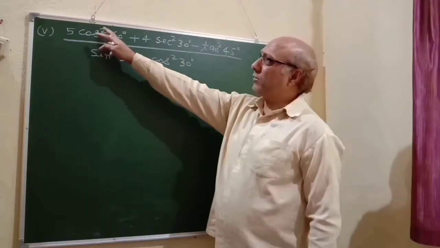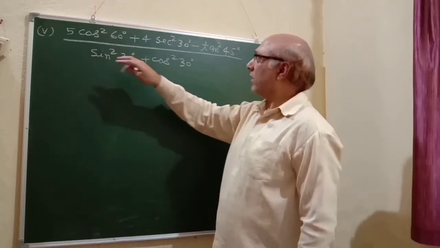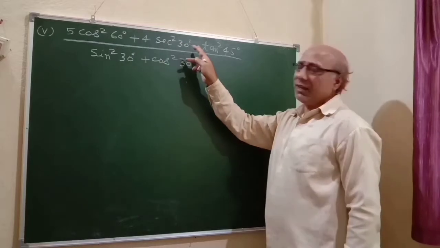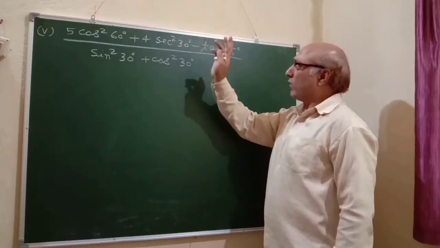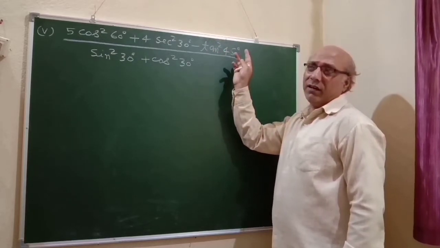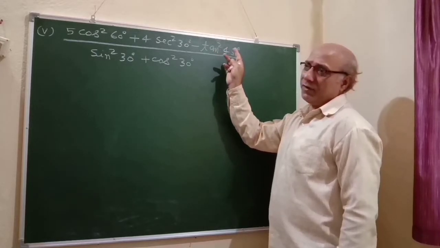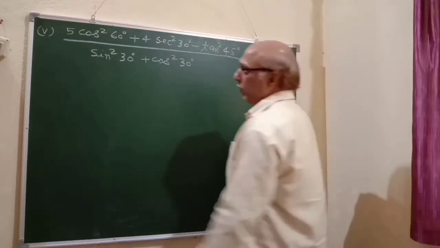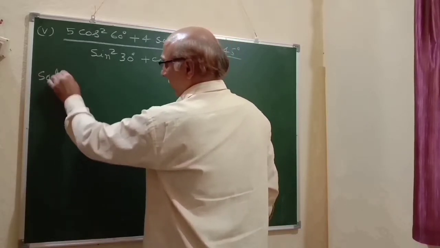Similarly, cos square 60 degree is cos 60 degree whole square, sec square 30 degree is sec 30 degree whole square, tan square 45 degree means tan 45 degree whole square. So in this way we find the solution.